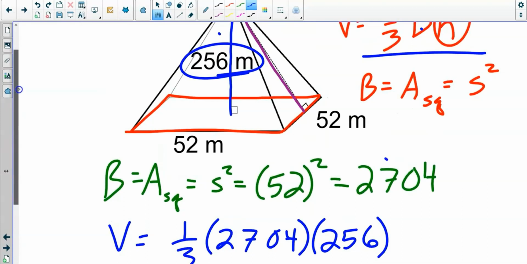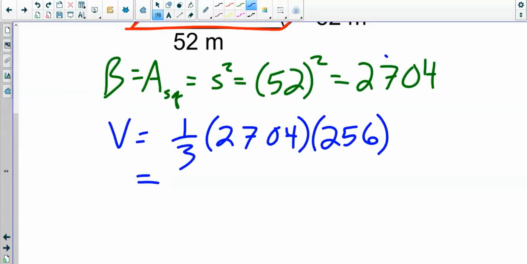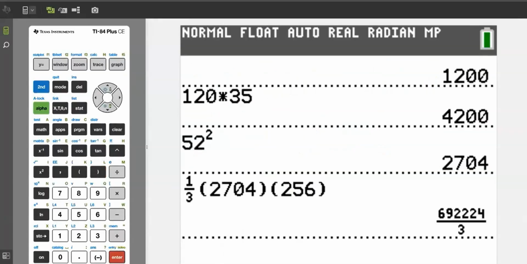So volume equals 1/3 times 2,704 times 256. Let me double check that 2,704. Yeah, it's good. So all we got to do now is hit enter. And there is the volume of our pyramid.